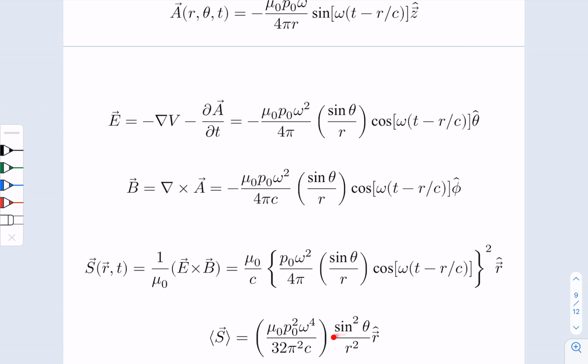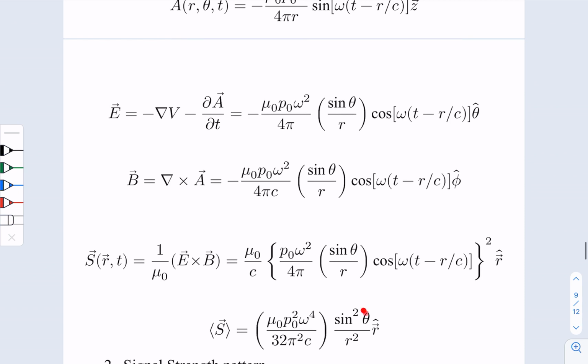It makes sense that the dependence is 1 over r squared, because if you imagine drawing a spherical surface, then as the radius increases, the total power through it must stay constant. As it radiates away from the dipole, the power must be constant and doesn't decrease or increase.